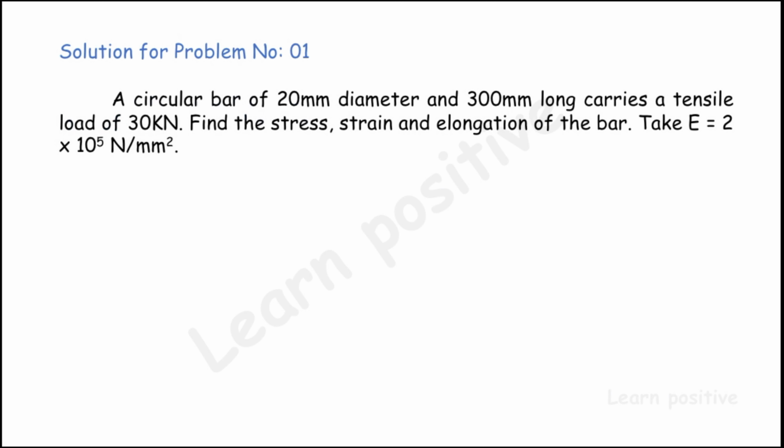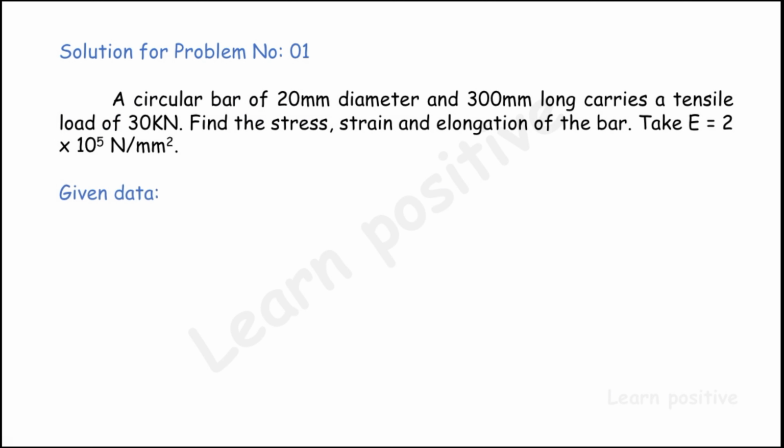So we are going to find the stress, strain and elongation. Due to the tensile load, the rod gets stressed and strained and also changes in length. That is the elongation we are going to find.